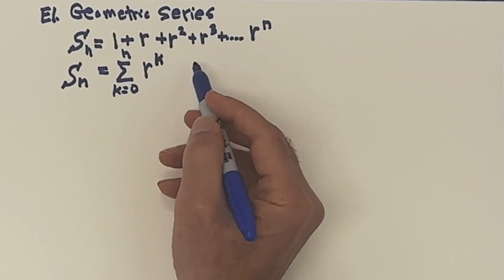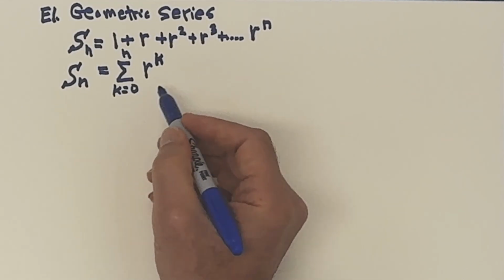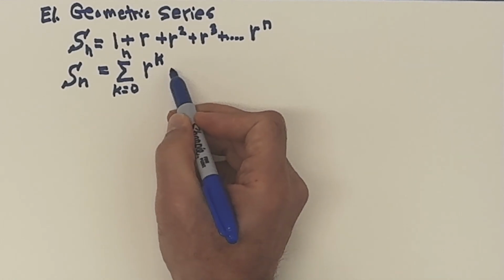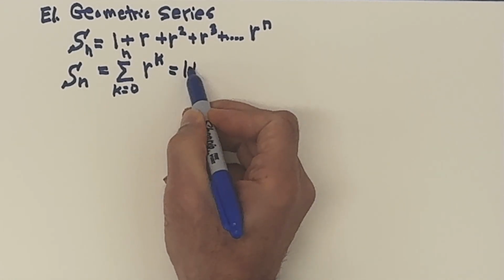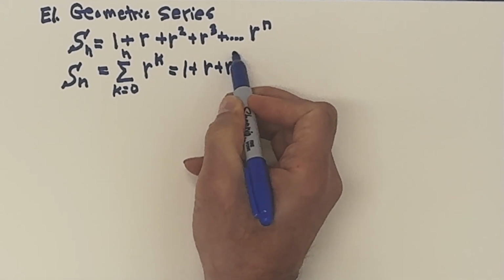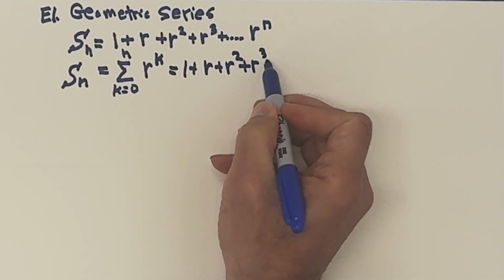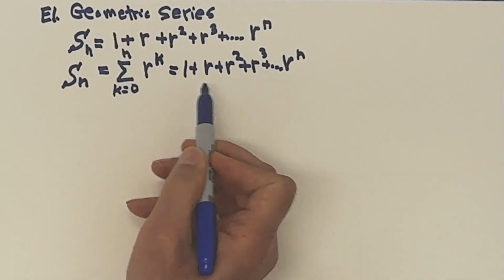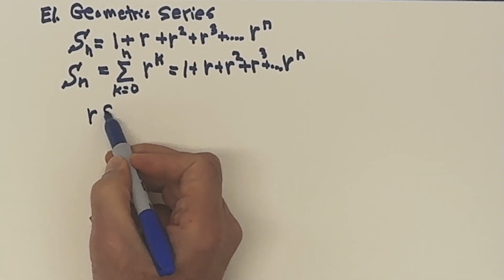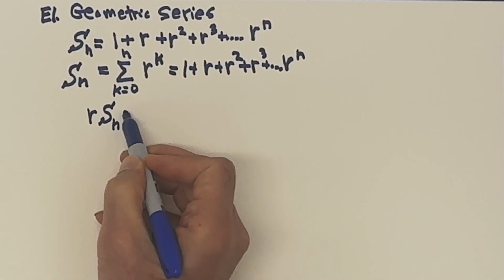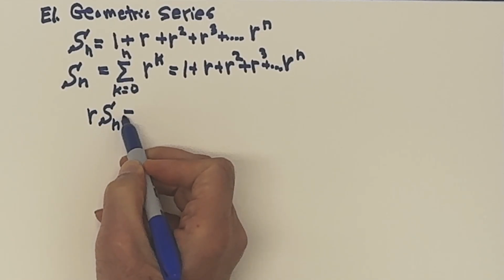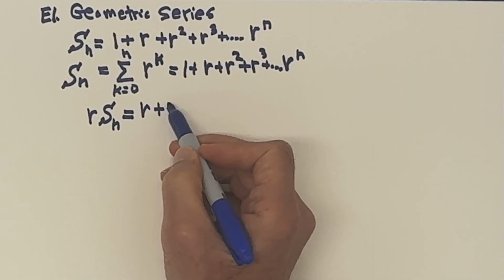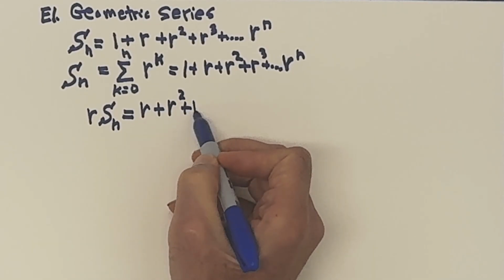Now to find this sum, here's the trick. We multiply both sides by r. So let me go ahead and write this out as 1 plus r plus r squared plus r cubed plus r to the n. So now if I multiply both sides by r, I would have r times S_n is equal to r times 1 is r, then r squared, r cubed.